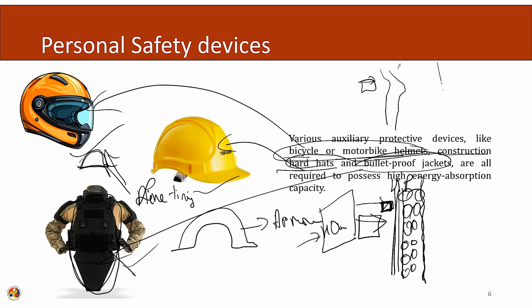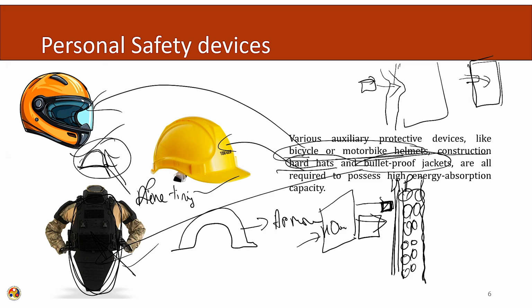Even if it is not able to penetrate, it will cause this type of injury. Or if it is able to penetrate, then the effect of the bullet will be transferred to the human body, which can be catastrophic. This same thing applies in the body jacket and for the helmet also.